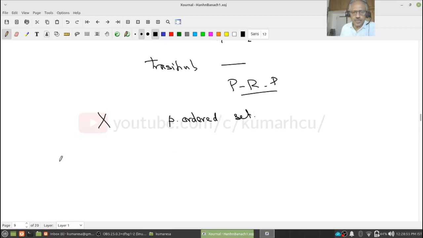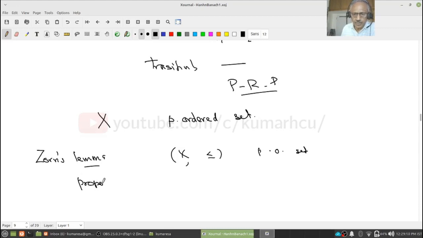Right? Now if I want to apply Zorn's lemma, what do I need? Let us recall that X, a partially ordered set, has to satisfy the following property. What is the property you should have? This is the assumption on this partially ordered set.